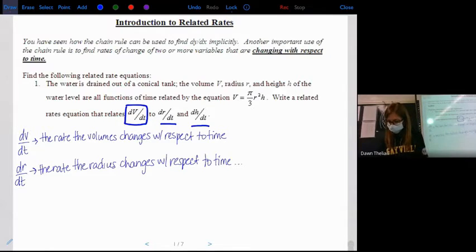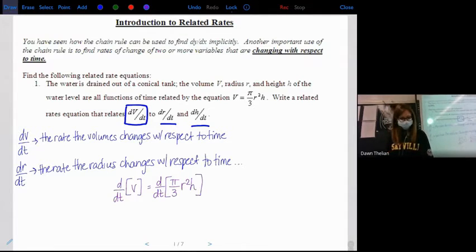So we're going to take the derivative with respect to time, d dt, of both sides of our volume formula. So when we take the derivative of v, just like if I was going to take the derivative of x it is 1.